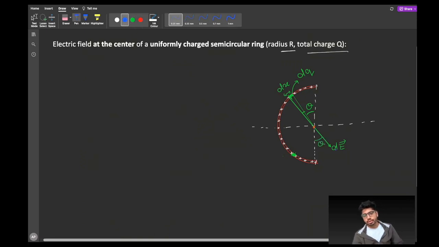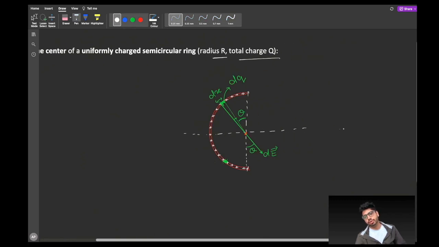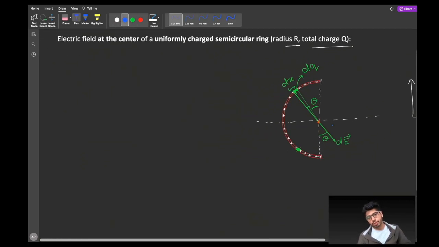Now let me take the angle and find the components of the dE vector in the x direction and the y direction. If I split the component, in the x direction it comes out to be dE sine theta, and in the y direction it comes out to be dE cos theta.